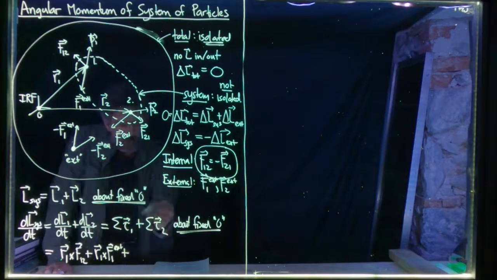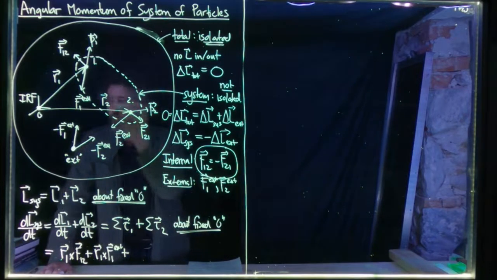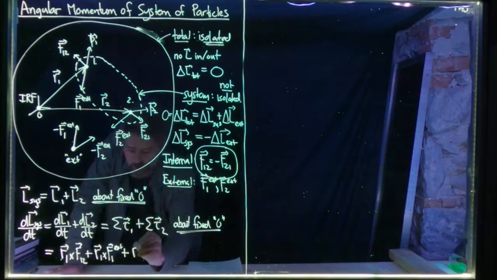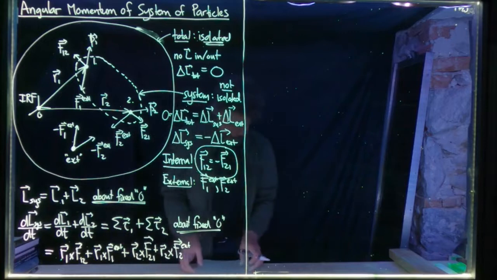And then plus the sum of the torques exerted on particle number 2 about that fixed point O. Torque is R cross F, so it's R2 cross the internal force acting on particle number 2 plus R2 cross the external force acting on particle number 2.